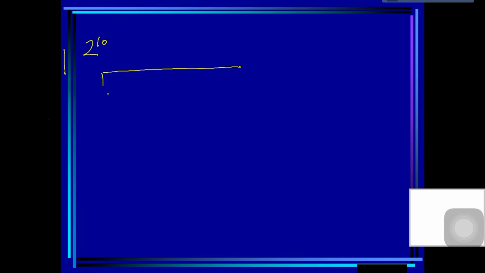So we can divide the logical address into 2 parts. The lower 10 bits is the page offset, okay?